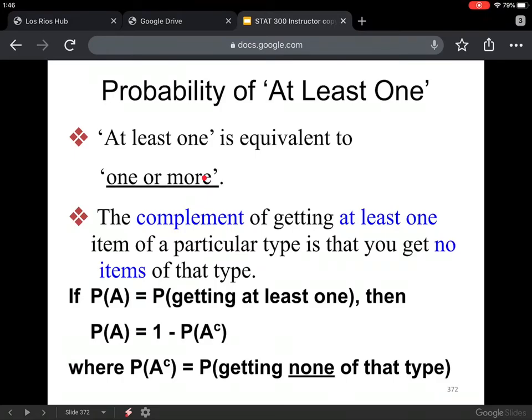And so if you think about the way that we can write this symbolically, it would be probability of A would be probability of getting at least one. Then, using the complementary formula, probability of A is equal to 1 minus the probability that the complement of A is chosen, right? Which is none.